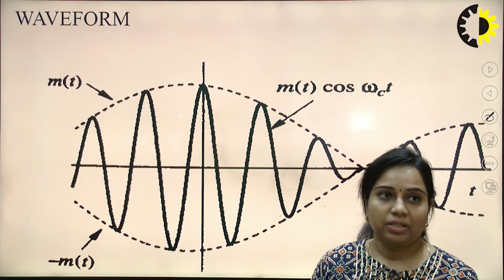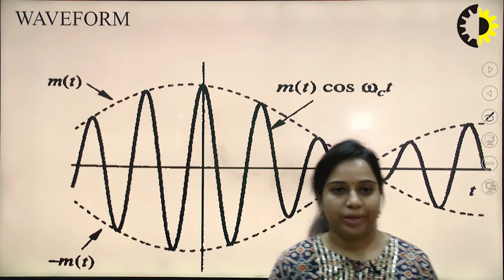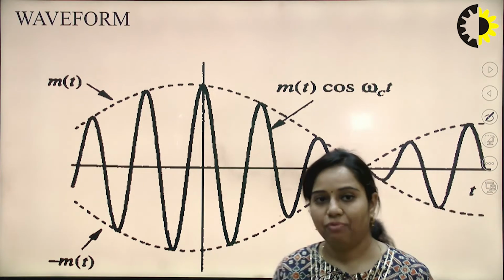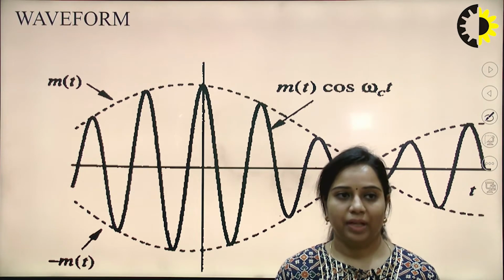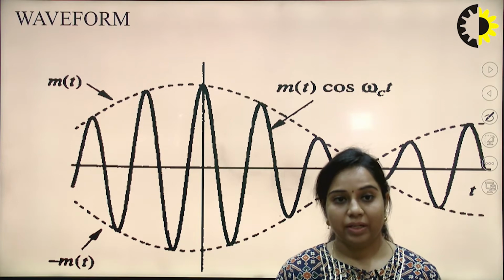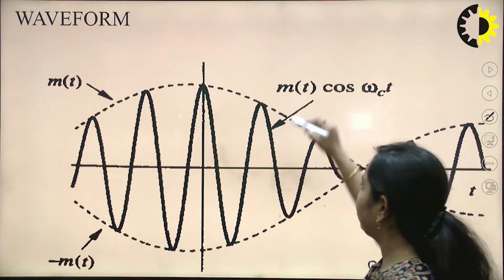Now, next is the waveform. Corresponding to m(t) cos omega ct, we can also draw its waveform. In this case we have to change the amplitude of the carrier signal proportional to the amplitude of the message signal. We can consider the instantaneous value of m(t) here.